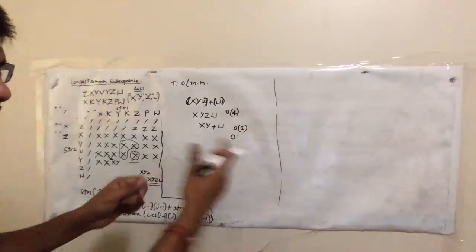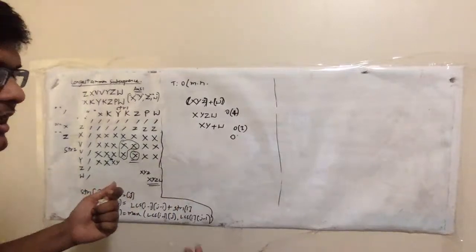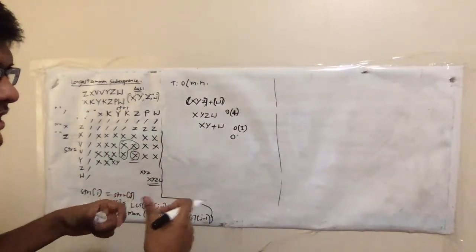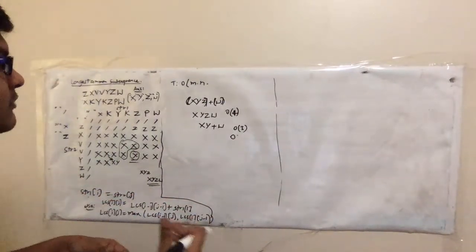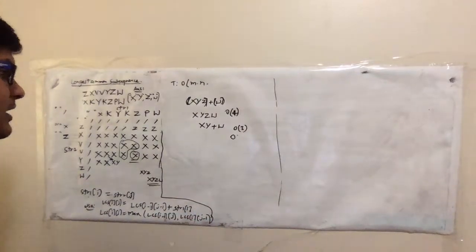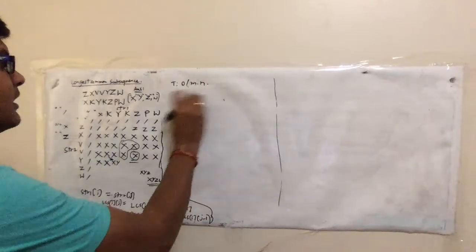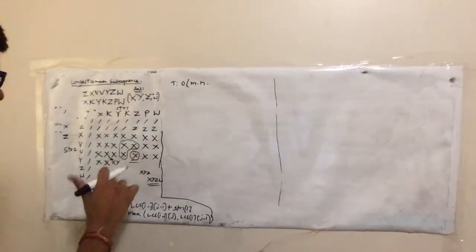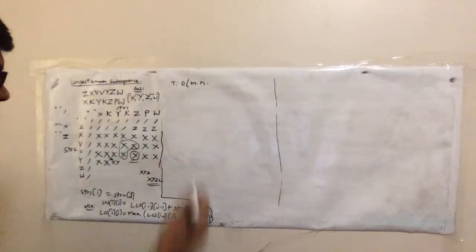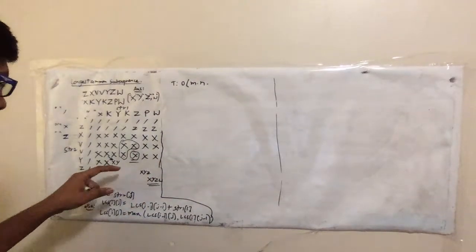So whenever the size of the appended strings increases, the time taken will increase. So this appending is not a constant time operation, and we need to consider that while calculating the time complexity.